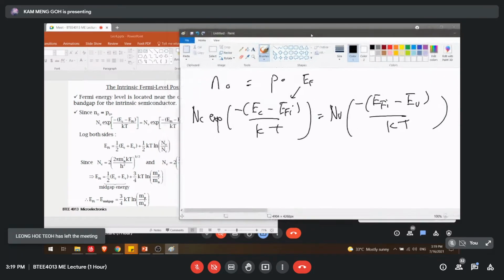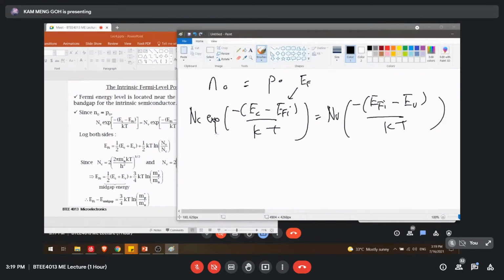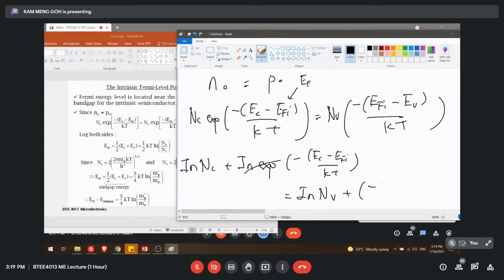Okay, first thing we have this formula. Then we take the natural logarithm. If you still remember the mathematics, this will equal ln NV plus EFI minus EV over kT.